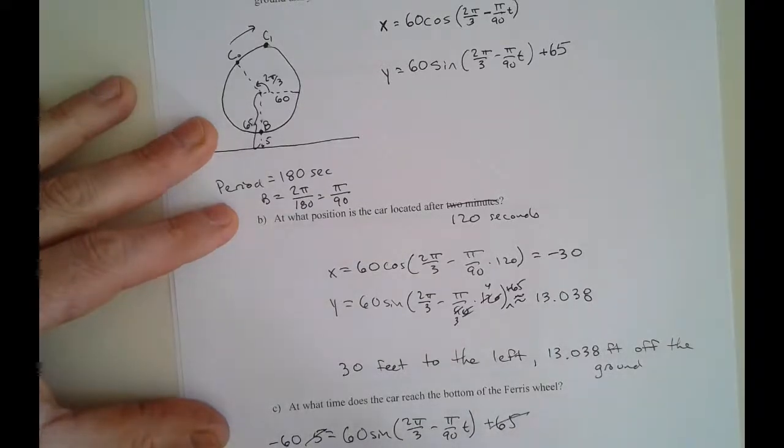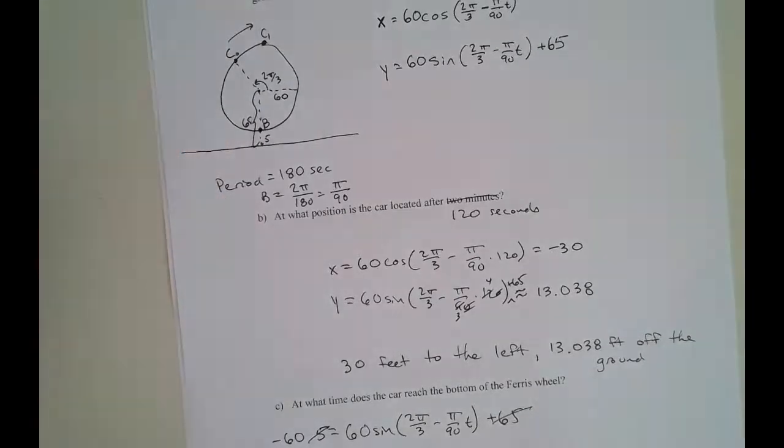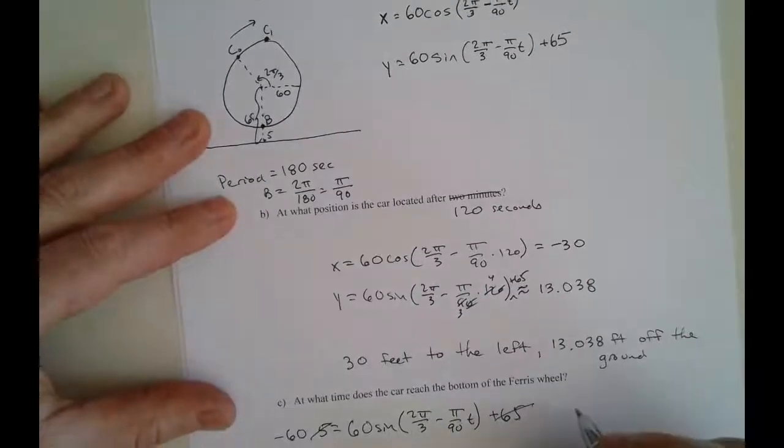Divide by 60, so I have -1 equaling sine of this quantity. We know that sine is going to equal -1 when it has a value of 3 pi over 2, so we know that 3 pi over 2 equals 2 pi over 3 minus pi over 90t.